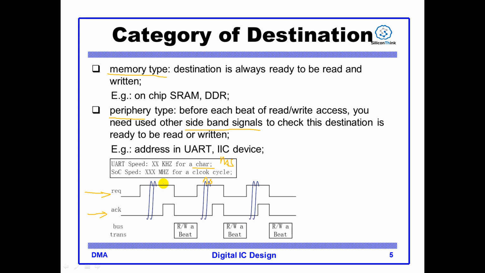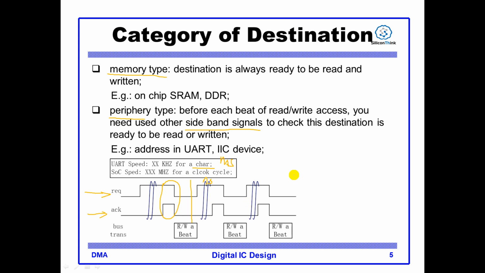So when both signals are high, the DMA controller may issue a read transfer on the bus to read a char from the UART block. And this is also true for the next characters.